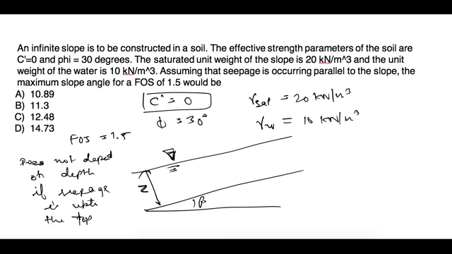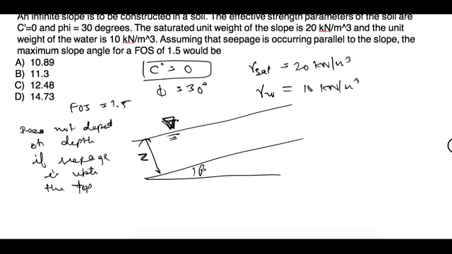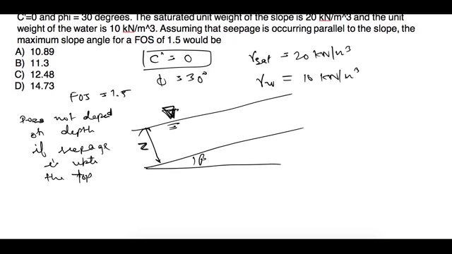So factor of safety, if you remember, is given as gamma dash, that is gamma submerged, divided by gamma saturated, into tan phi upon tan beta.